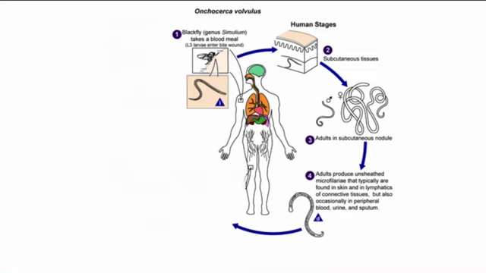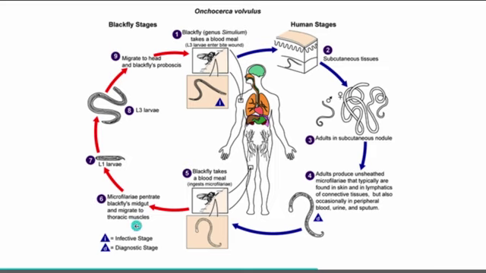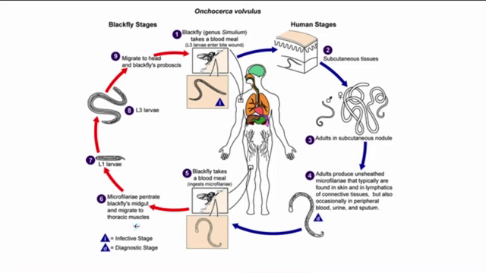Now, class, if they are in the blood, they will wait to be ingested by another black fly and that will initiate the black fly stages. There, the microfilariae will penetrate to the thoracic muscles in which it will undergo larval developmental stages. From being an L1 microfilariae, it will transform into an L3 filariform larvae.